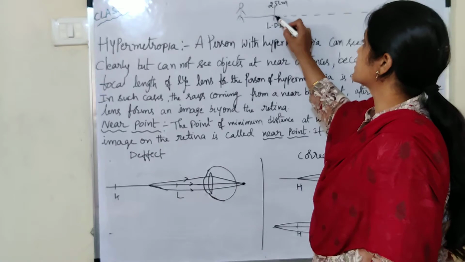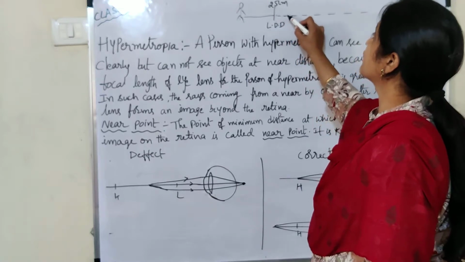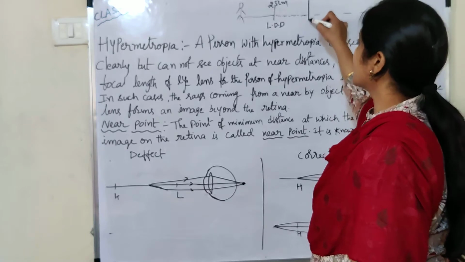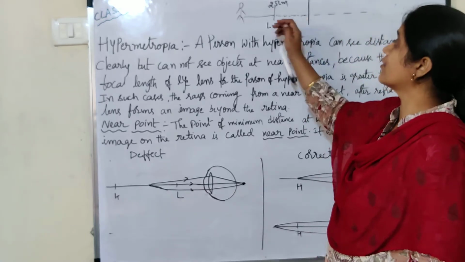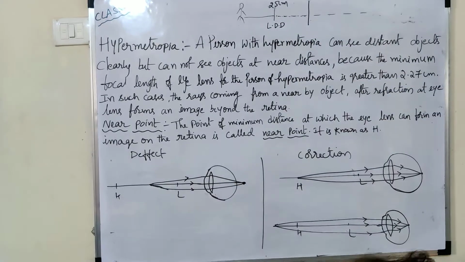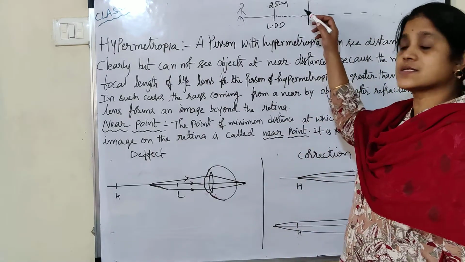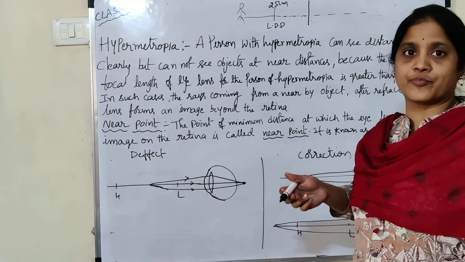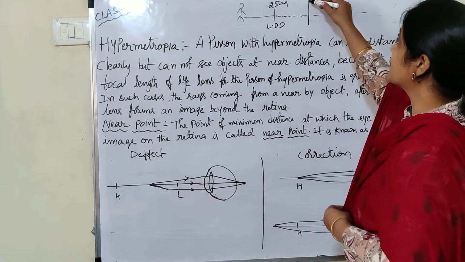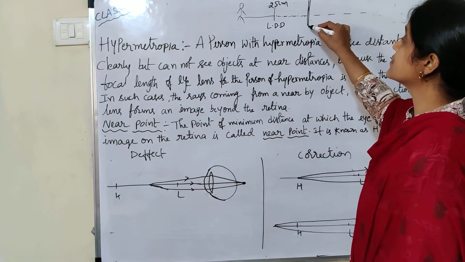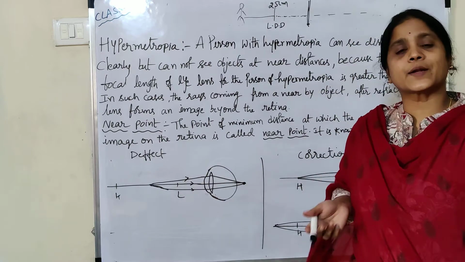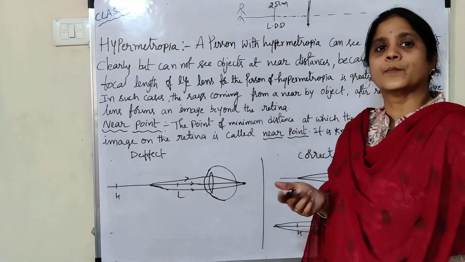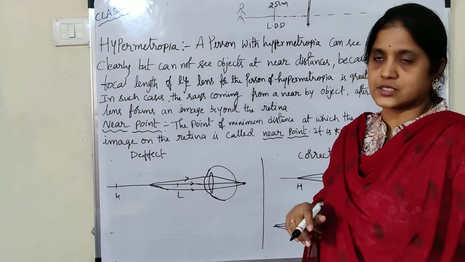Beyond that, at the distance where the person can see the image of an object clearly, that point becomes the near point for that hypermetropia person.